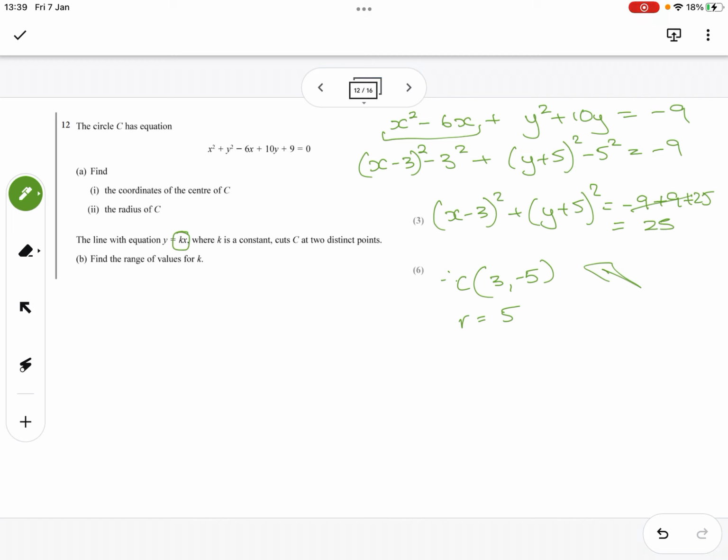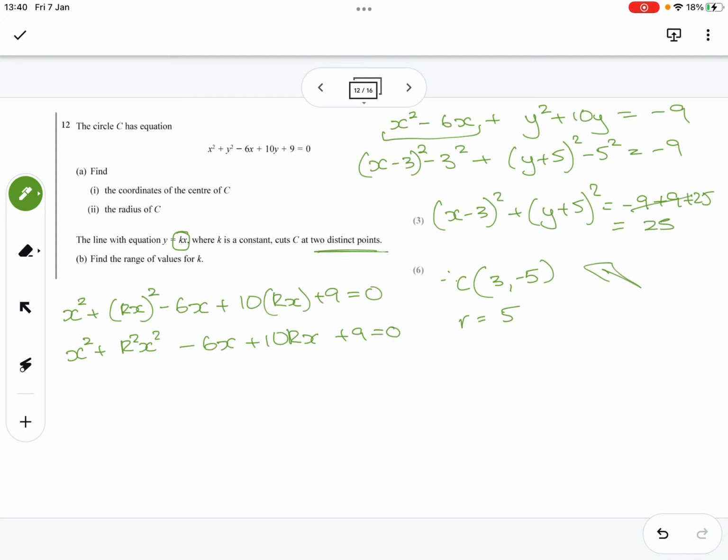So what we're going to do is sub it into the original. So I've got x squared plus y squared, which is kx, minus 6x plus 10 lots of kx plus 9 equals 0. And k squared, that's going to be k squared x squared minus 6x plus 10kx plus 9.